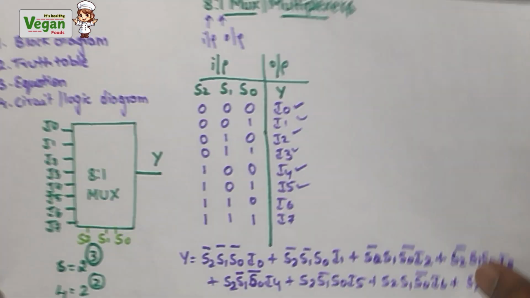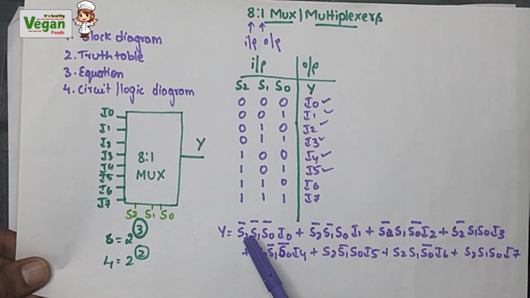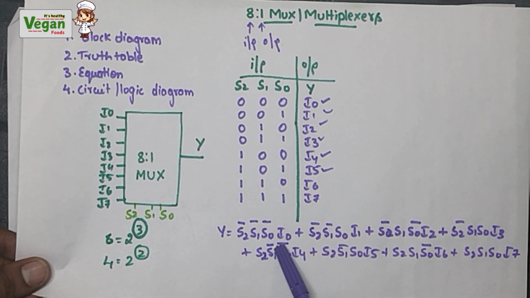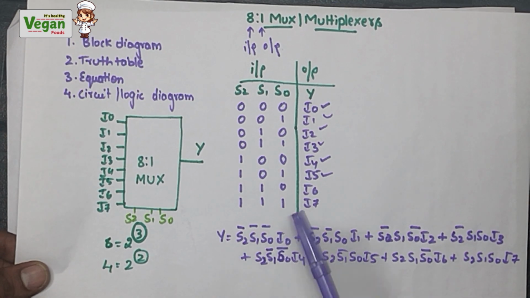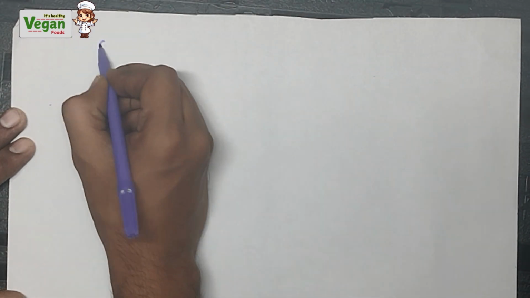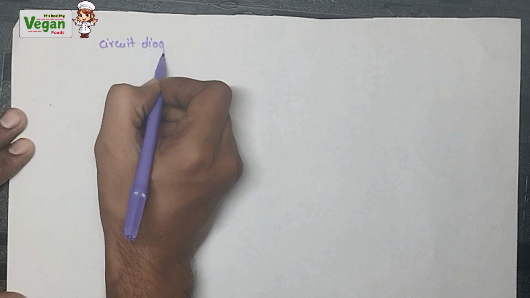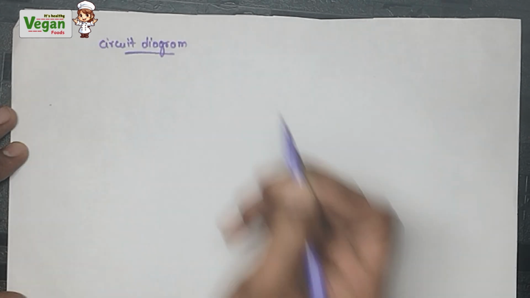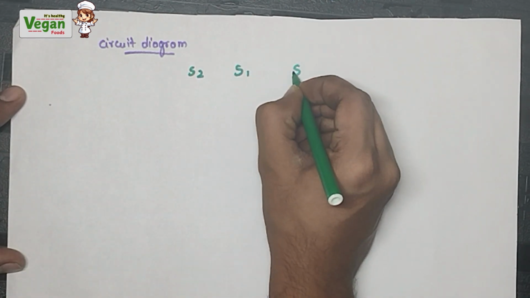So now to draw the circuit diagram, what are all the inputs we are using? S2, S1 and S0, and their bars also. Bars mean 0, so we will be using a NOT gate in front of them, and I0, I1, I2 are all there. So how can we construct the circuit diagram? First is S2, next S1 and S0.